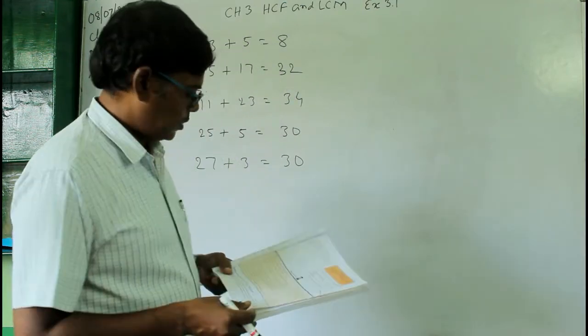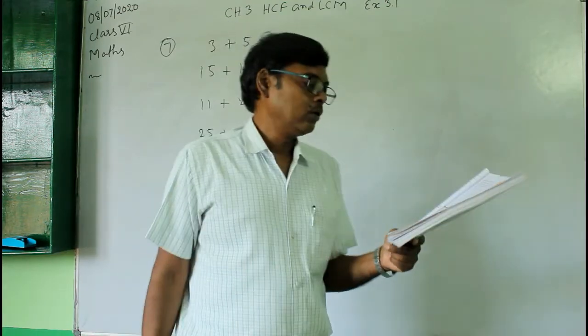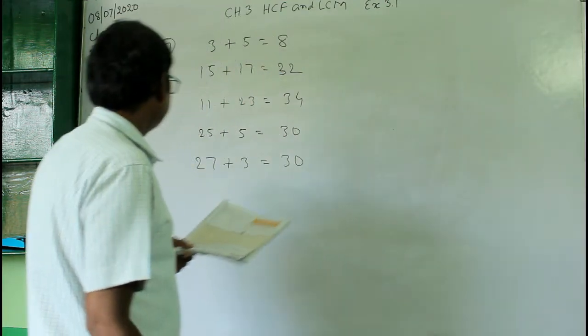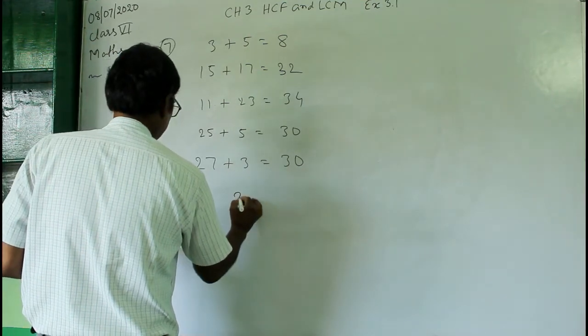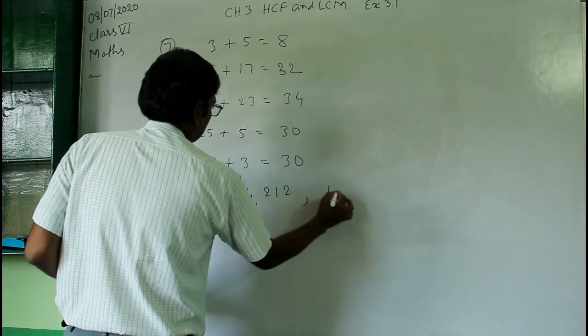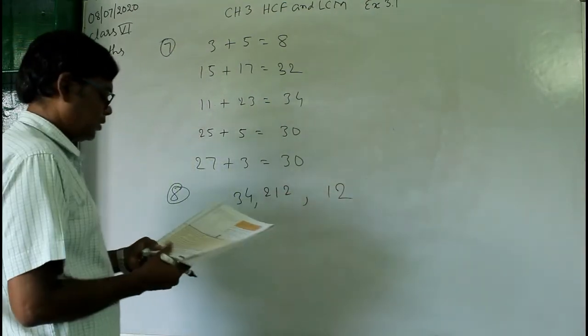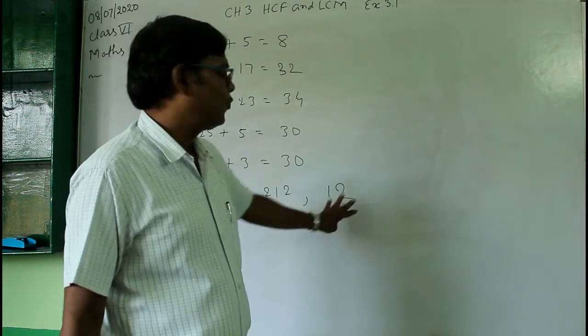Now question number 8. In this you have to determine whether 34,212 is a multiple of 12. So the number is 34,212, and the other number is 12. The question is whether this number is a multiple of 12.